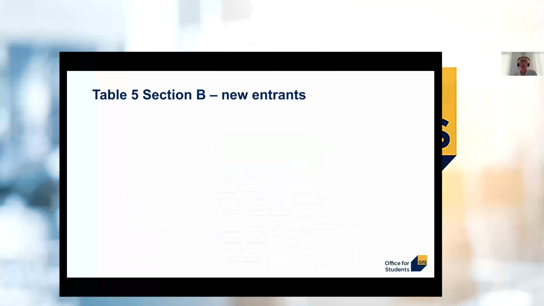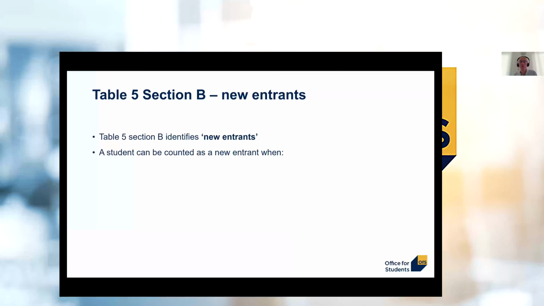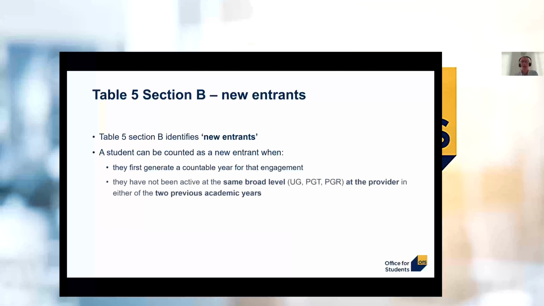So how do we define these? Well, we use section B to categorize new entrants, and the student can be counted as a new entrant when they first generate a countable year of engagement, and when they have not been active at the same broad level at the provider in either of the 2 previous years. By same broad level, I'm talking about undergraduate, postgraduate taught, and postgraduate research.